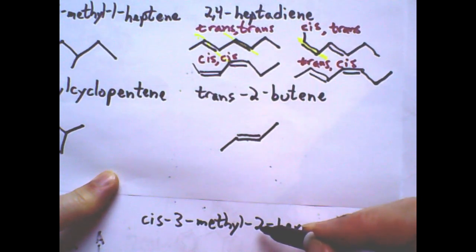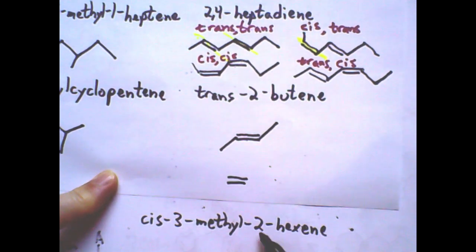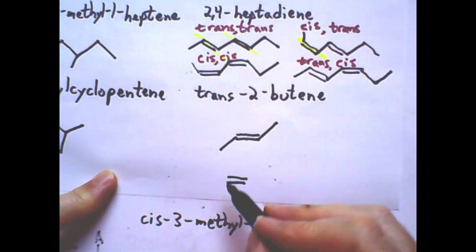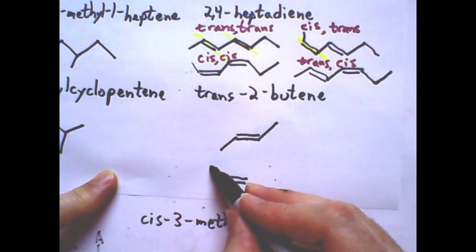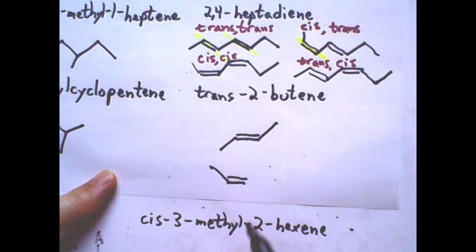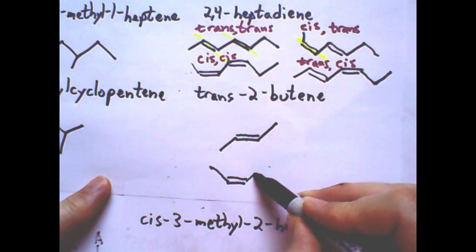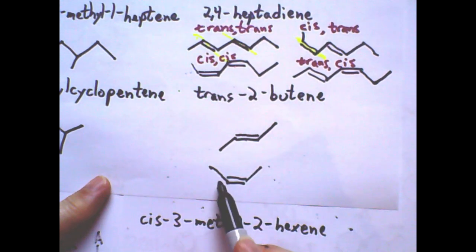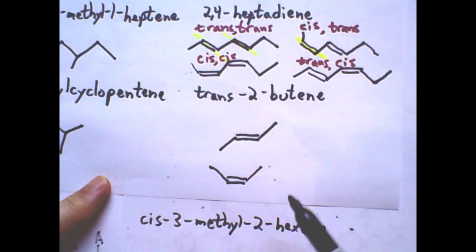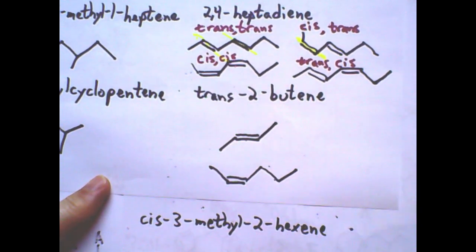It's got an ene at 2. From 2 to 3. My first one I can draw either direction. So I go 1, 2, 3. I look out front, it tells me it's cis. So going to 4 is going to go the same side, both of them up in this case. And then we go 5 and 6.